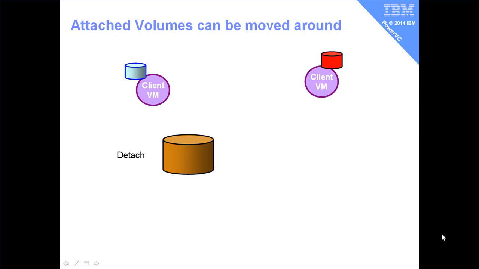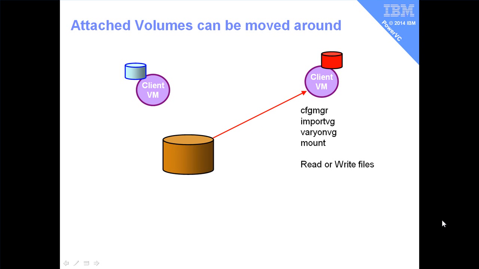Then you can detach it, and that's sort of a separate item, perhaps nice and safe. You can also then attach it to another AIX virtual machine. Run the config manager to find the disk, import, vary it on, and mount it, and then you can read and write files. So you could use this as a nice backup mechanism, completely network free.